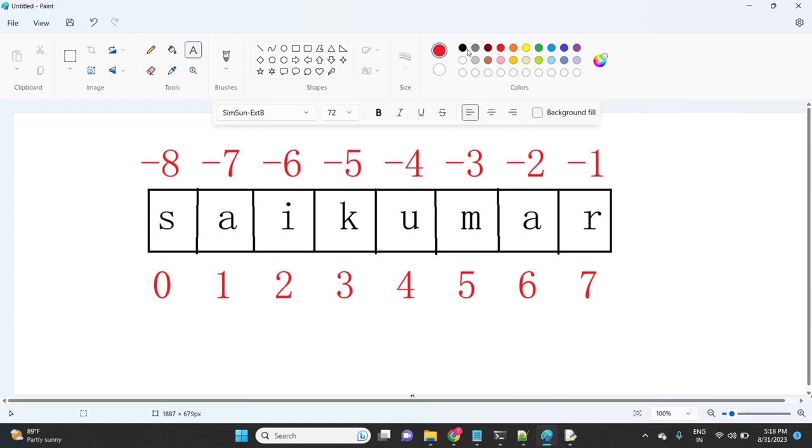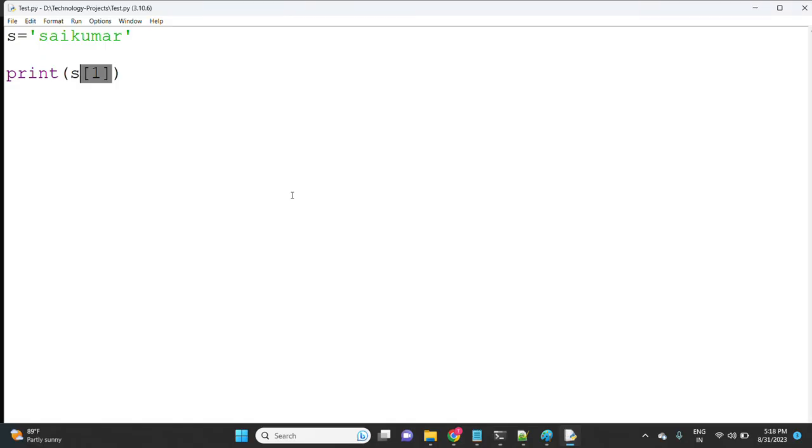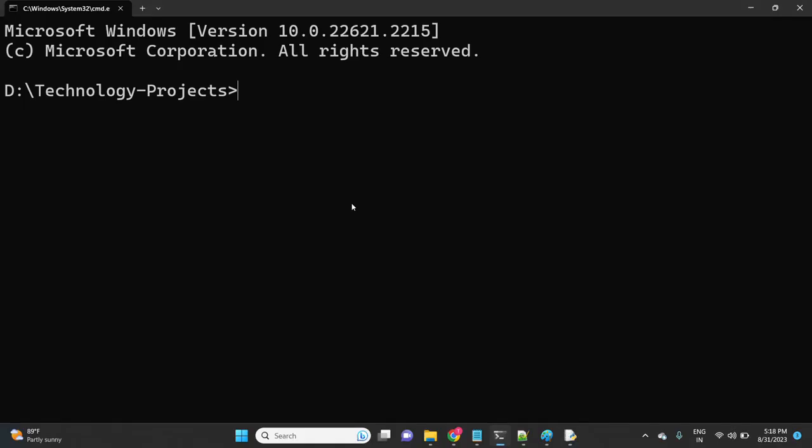Observe, s of 1 means here. So what will we get? s of 1 means a. Okay, now observe.